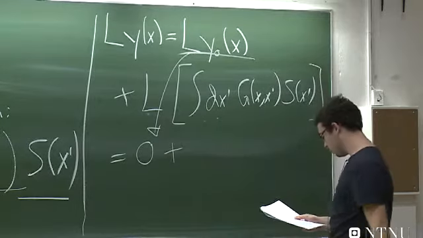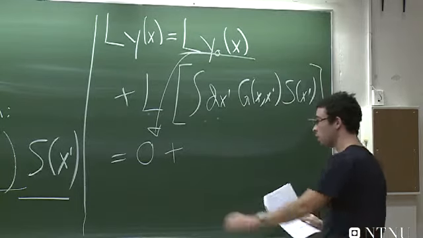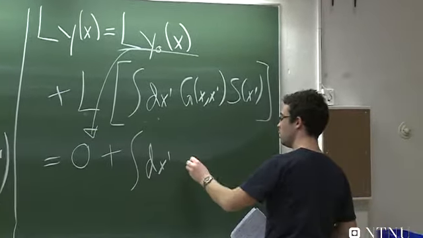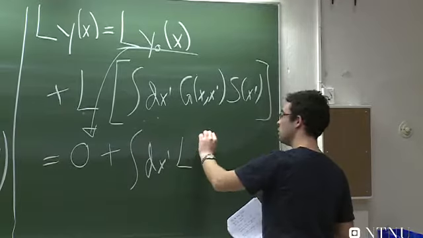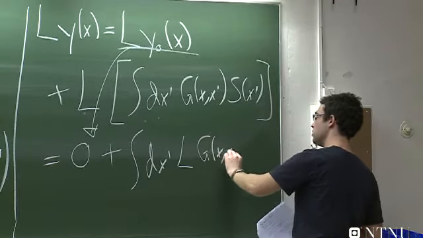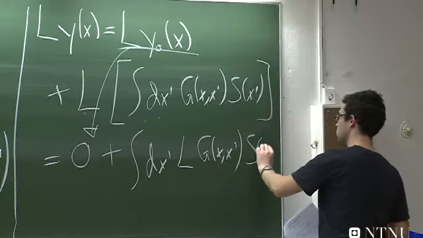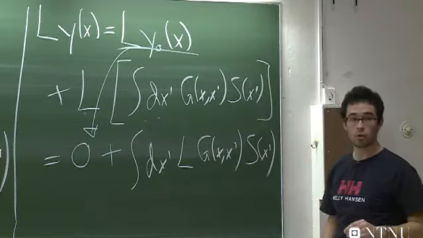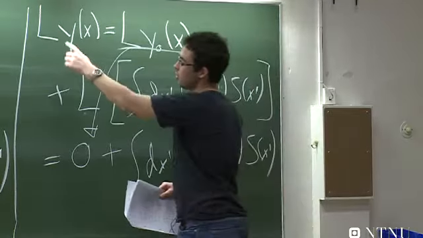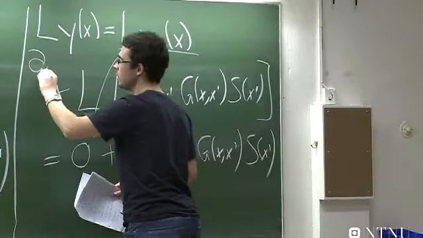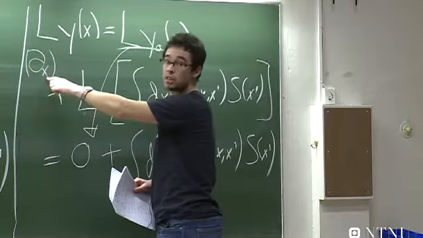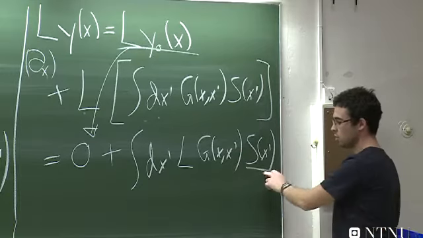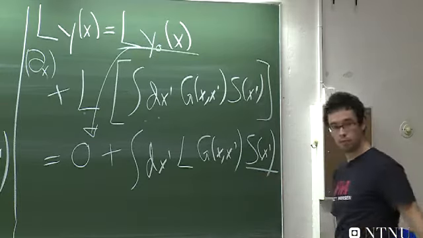plus something that's not 0. It's rather the integral of dx prime L g of x, x prime, s of x prime. And the linear operator operates on the non-primed coordinate system, right? If it's a derivative, it's d/dx, for example, not d/dx prime, meaning that this factor here doesn't contribute anything to the linear operator.